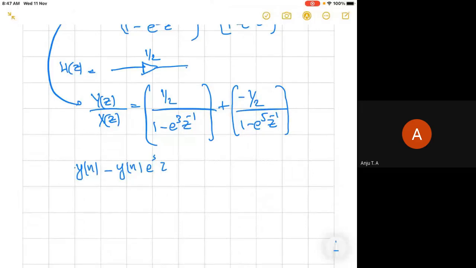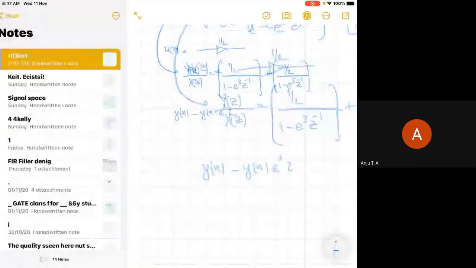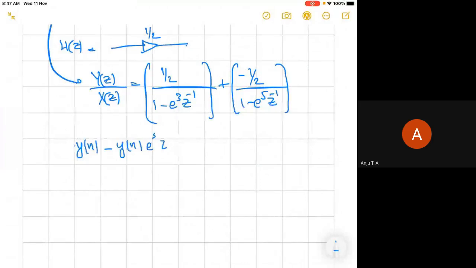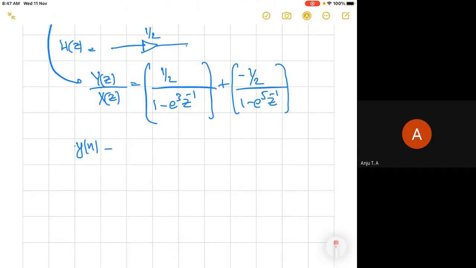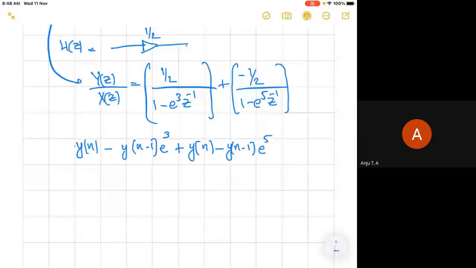So basically yn minus 1, yn minus, yn minus 1 e cube, plus again yn minus 1 e raised to 5, is equal to half of xn.